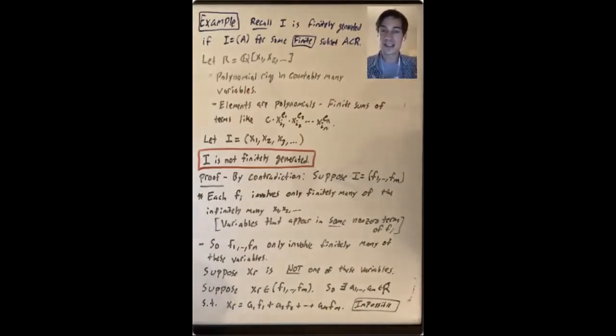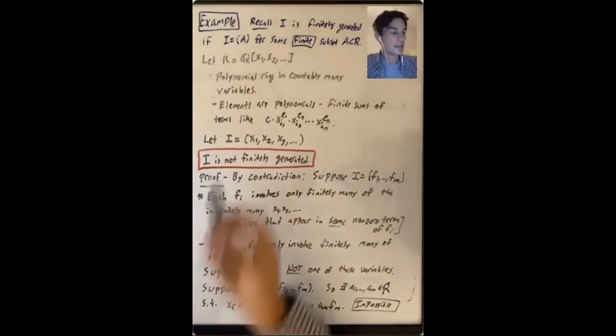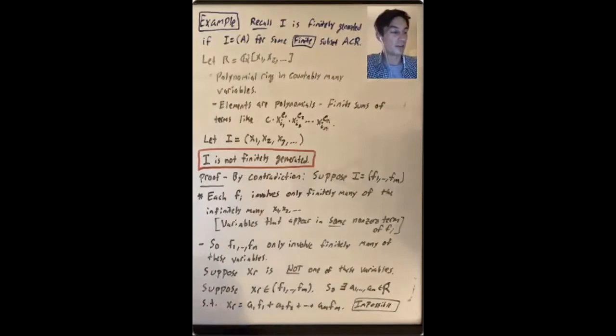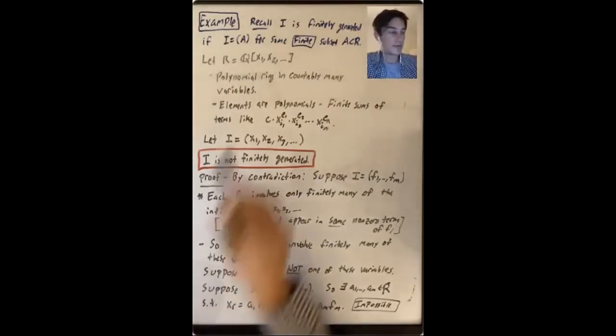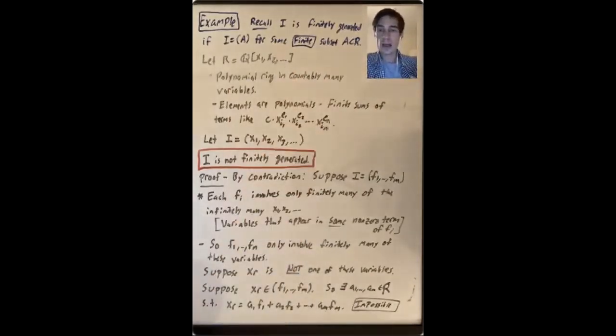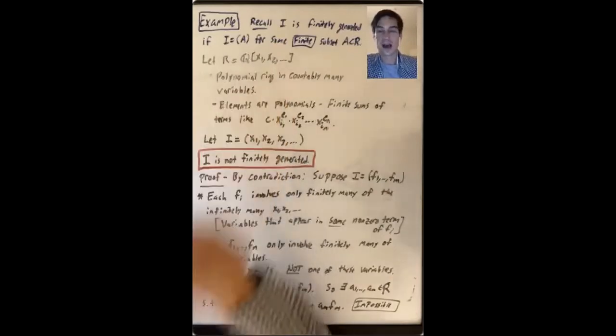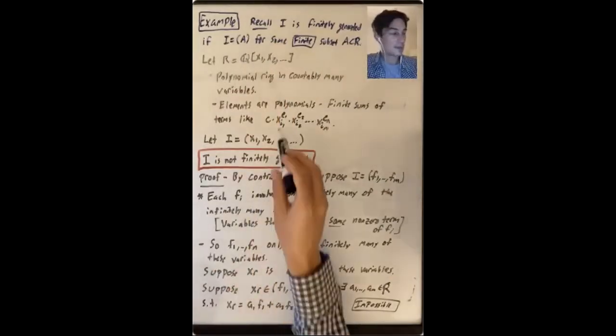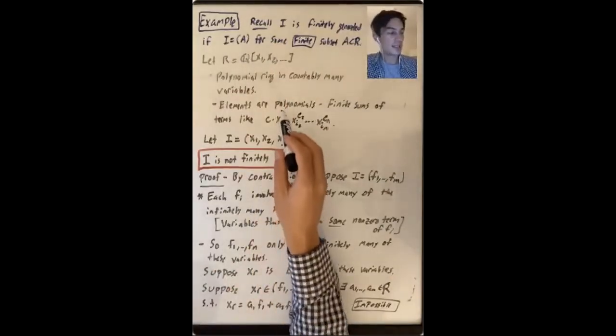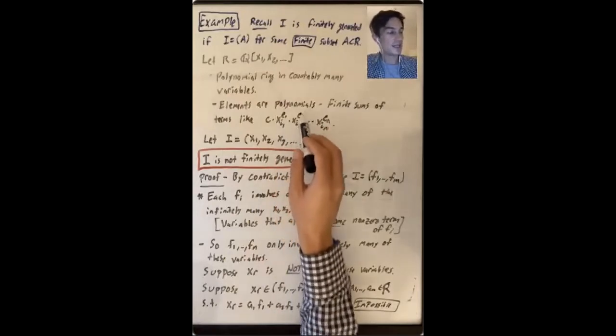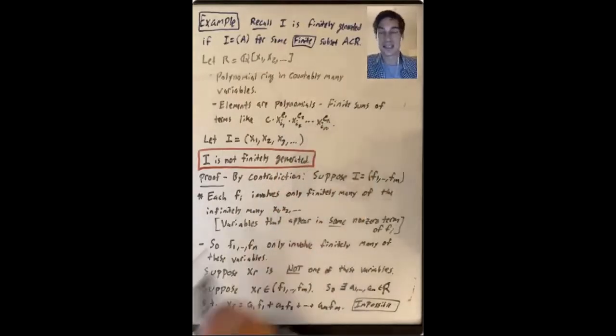So this is not an example we have seen yet, but it's a good one to know and keep in mind. This is a polynomial ring in countably many variables. What does an element of this ring look like? Well, elements are polynomials. They're finite sums of terms like c, some constant in Q, times x_{i1} to the e1, times x_{i2} to the e2, times x_{in} to the en.